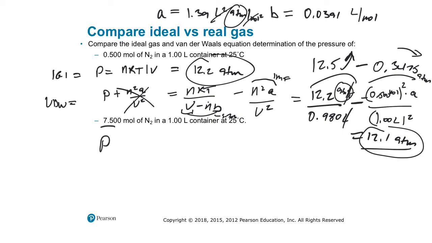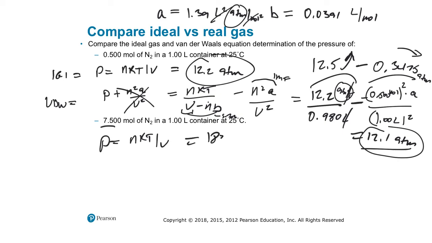So let's calculate our pressure with the ideal gas law again, nRT divided by V. Only difference here is I'm using 7.5 moles times 0.08206 times 298 divided by the same 1 liter container.